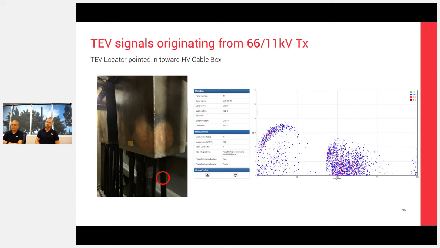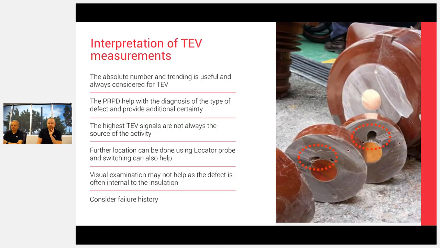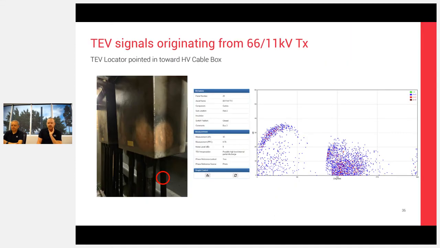And the locator told me that the signals were emanating inside the cable box on one particular cable out of all 6 cables. And at that point, we've diagnosed where it's coming from. The most likely cause of it is a termination defect, like a workmanship defect in the termination. And that is how we diagnose that one. We're able to work with the customer on that one, and we've monitored that over time.